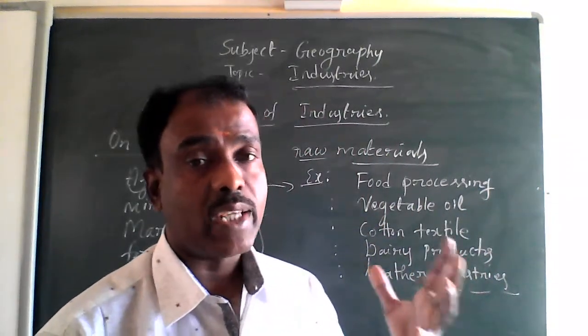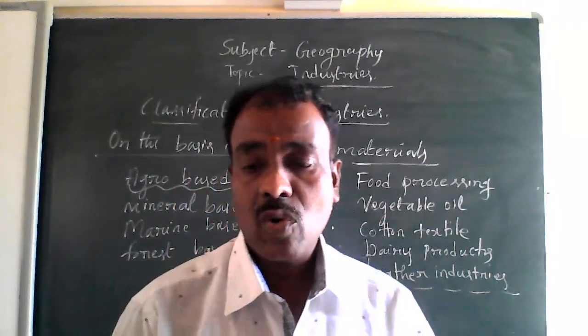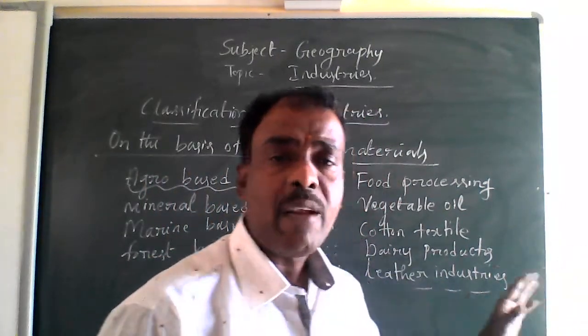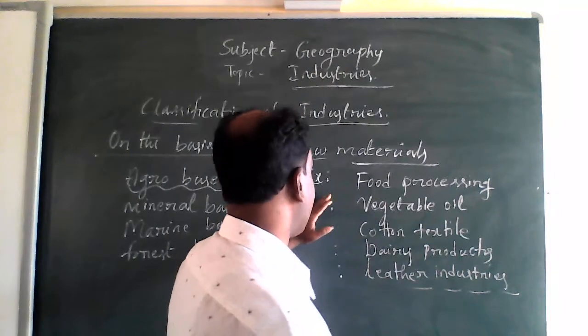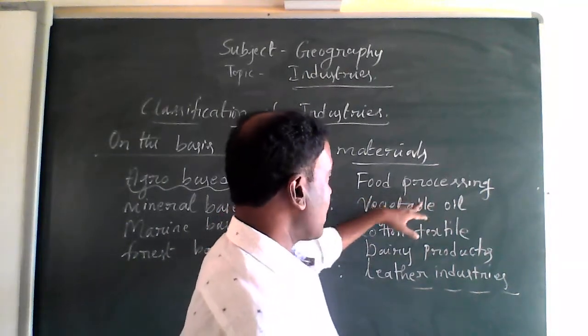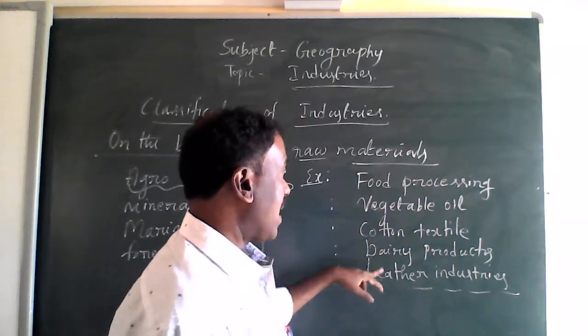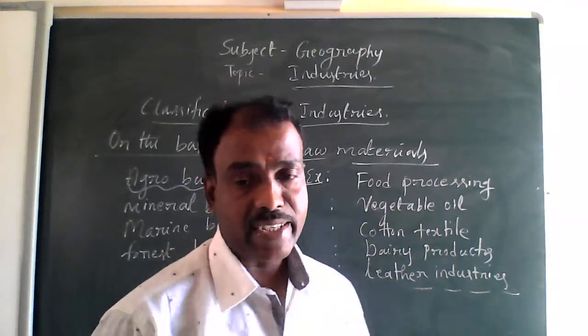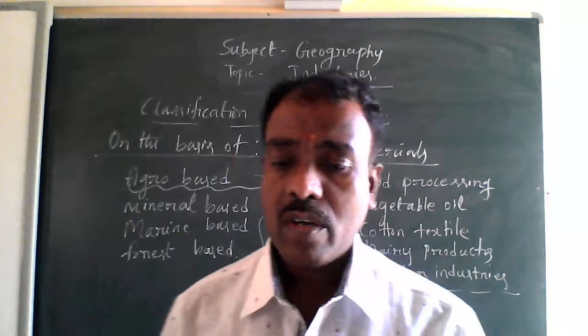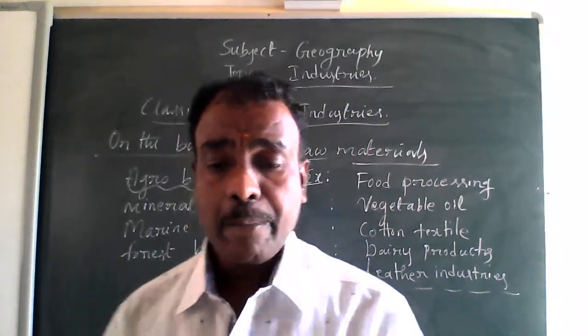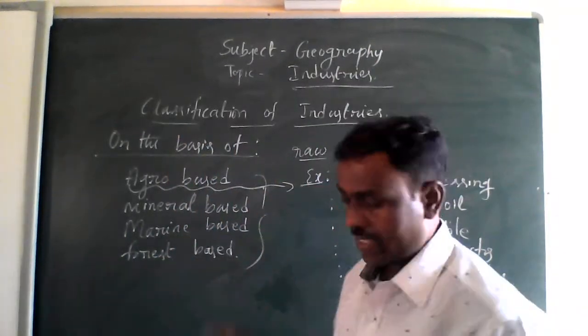So these are some examples of agro-based industries, such as food processing, vegetable oil, cotton textile, dairy products and leather industries. Got it now? Now let us see mineral-based industries.